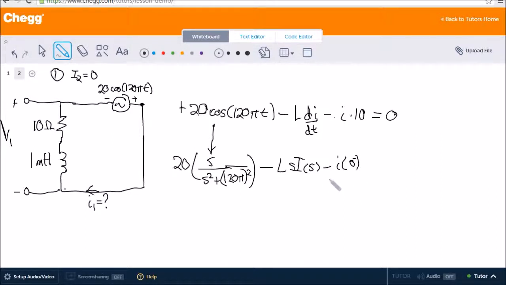So we could take all of this, solve for I of s, which will basically just be an algebraic equation, and then we can take the inverse transform, and then we'll have i of t.